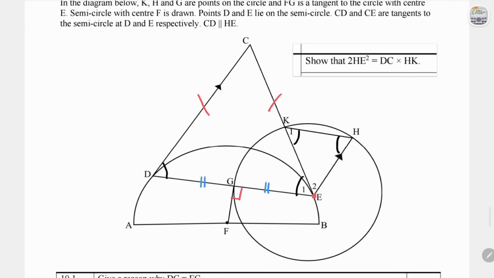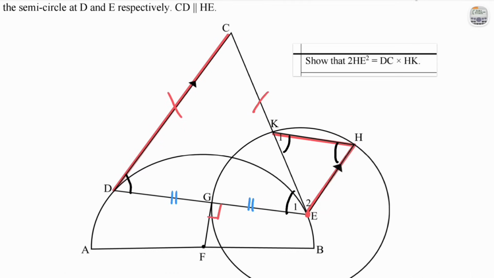HE may have been used twice, but then again, we have a 2 there, but we'll see. So we're looking at HE, DC, and HK. And let's just see where these are from. They look like they're part of this triangle, which we found were similar.